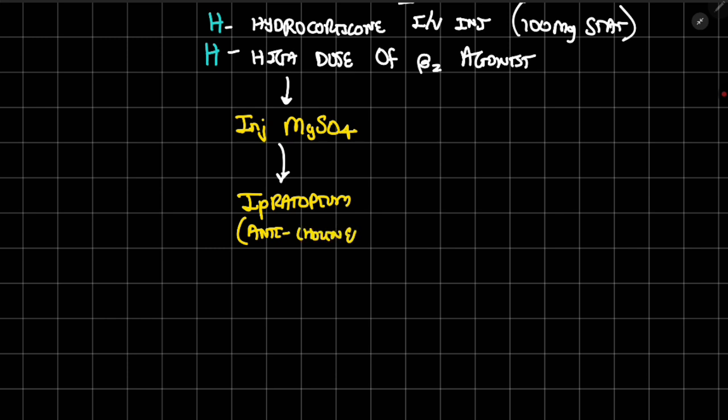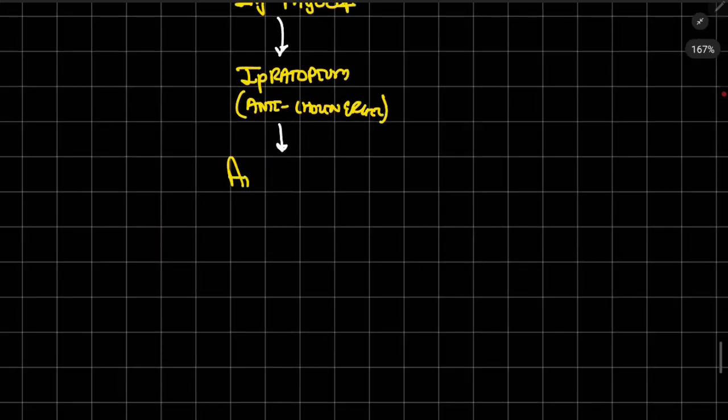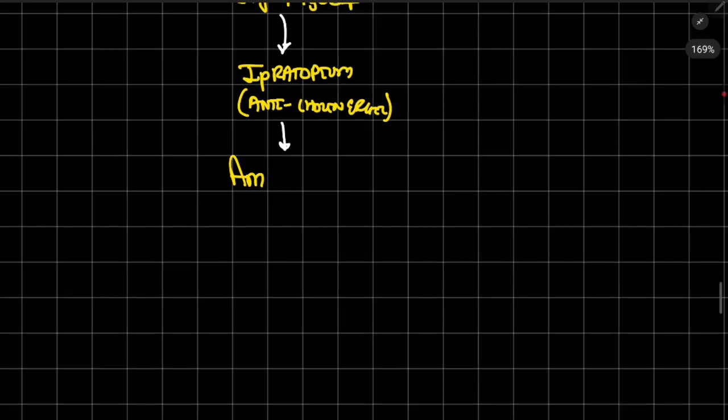Other anticholinergics: tiotropium, oxytropium, and ipratropium. Now, if it is still not treated, we give one preparation. What preparation have we studied in this lecture? Yes, aminophylline. This is modified theophylline.